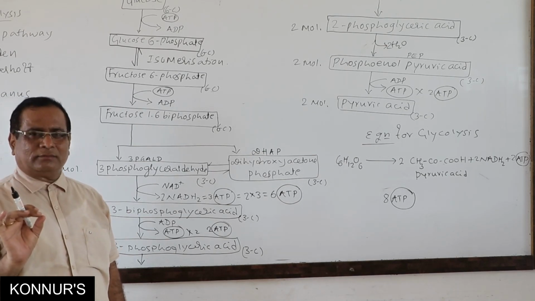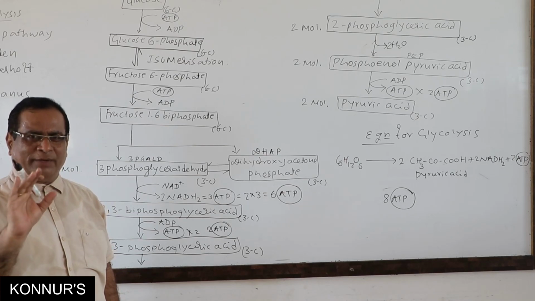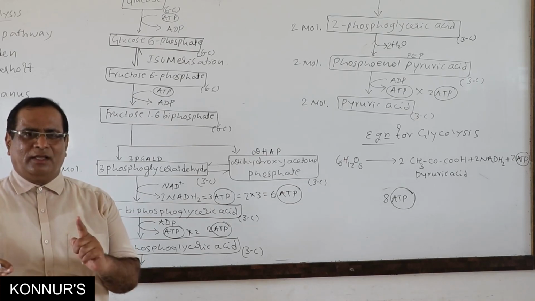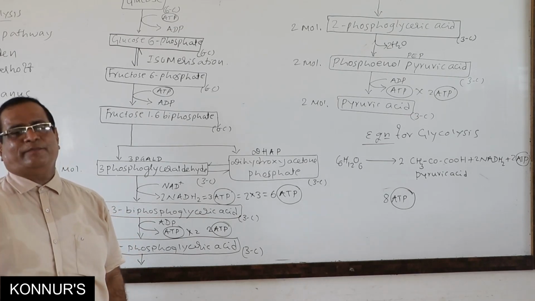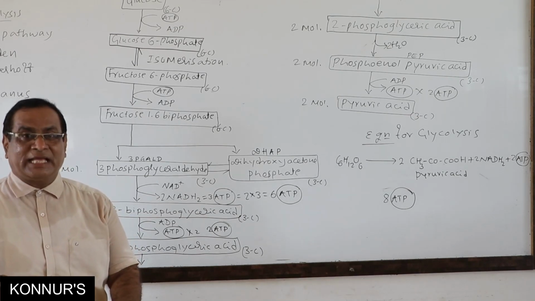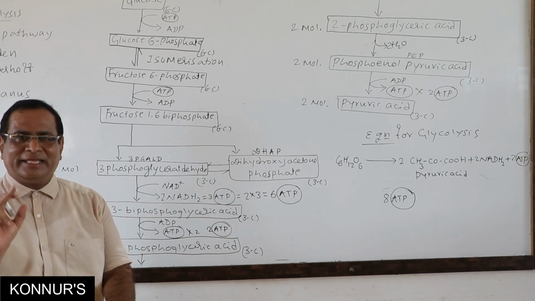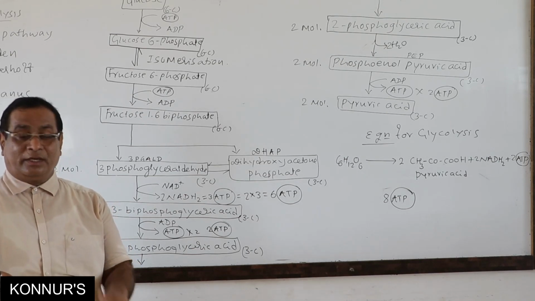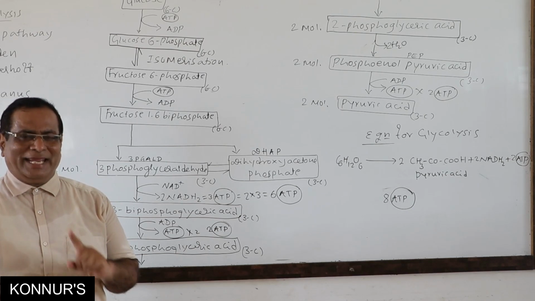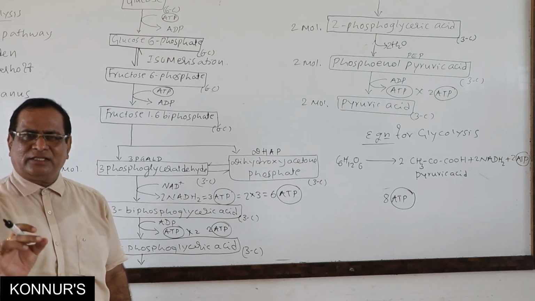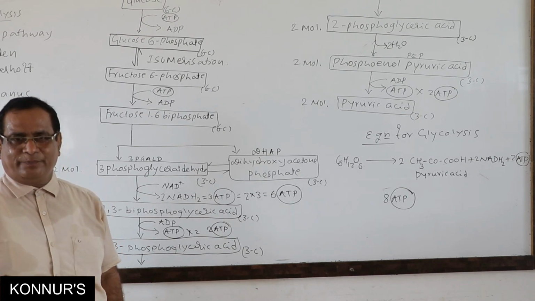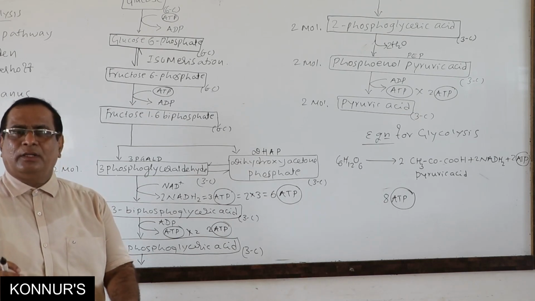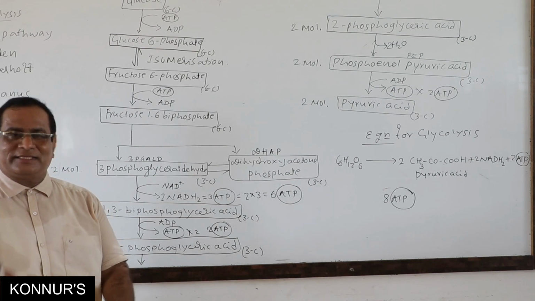One terminology you should remember: whenever ATPs are used or ATPs are released, the name of the enzyme ends with kinase. Remember this point. In any reaction, whether ATPs are used or released, the enzyme name ends with kinase.